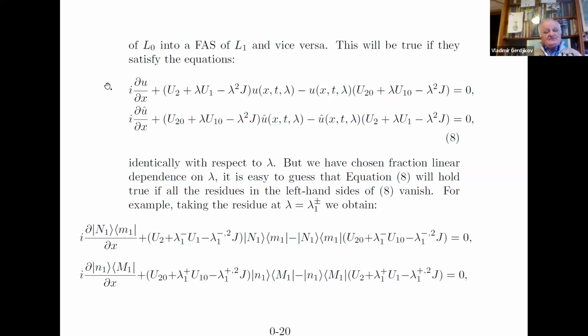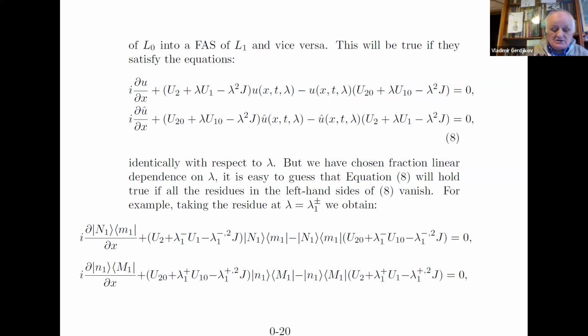What next? We must remember that these equations must be fulfilled identically with respect to lambda. This is very important, and this is the idea of the Dressing-Zakharov-Shabat method. How to ensure that this U can be such a solution to equation 8?